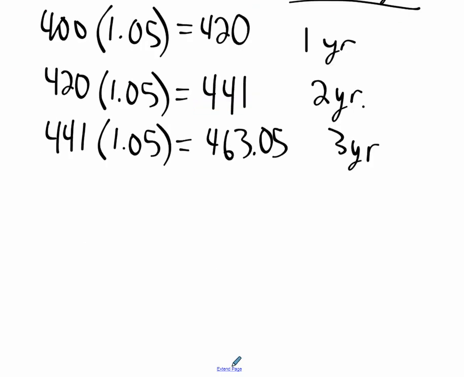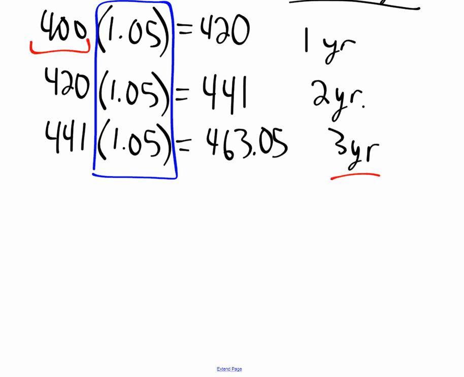If you notice, I'm doing something repeatedly. I'm multiplying that value by 1.05 every time. So if I wanted to know directly from the beginning, 400, how much I'll have at the end of 3 years, I could have just done, okay, 400, I'll multiply that by 1.05 every year I want.